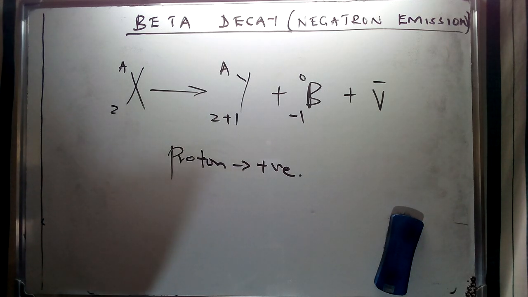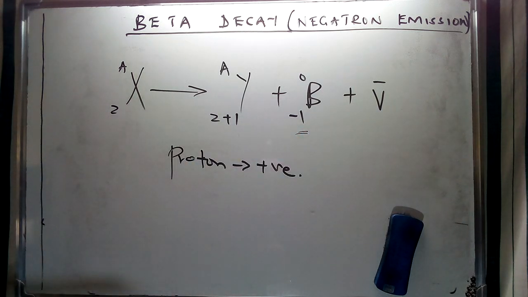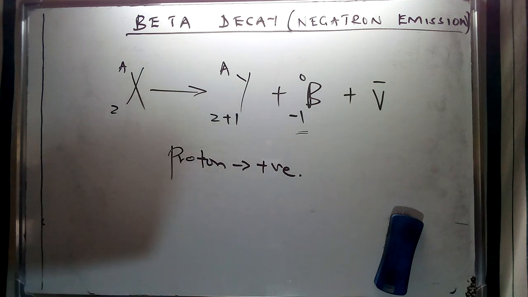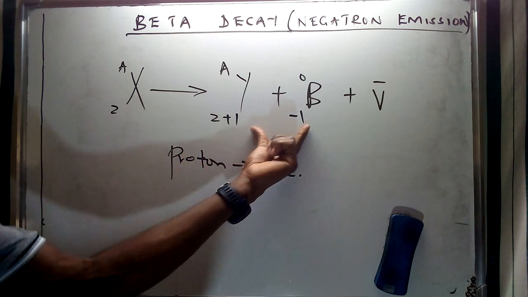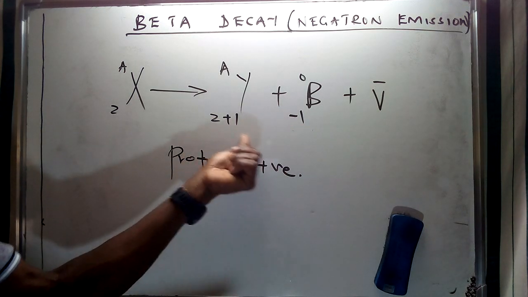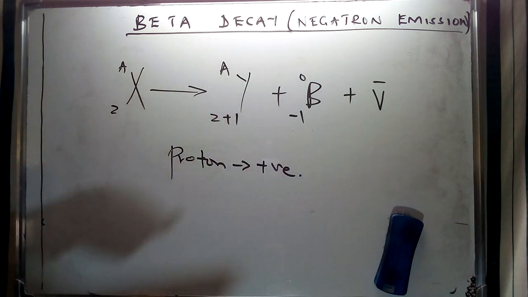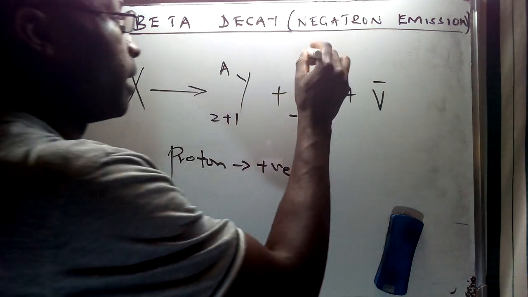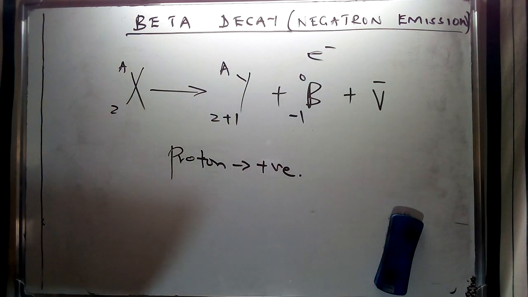But the negatron emitted, given as beta negative 1, means there's no need to add an electron to offset the positive charge added into the nucleus, as this one plays the role of the electron that balances the charge.